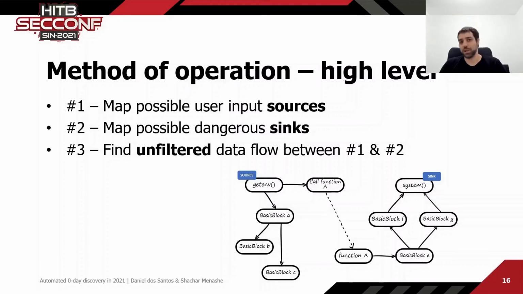For example, you can see in this diagram a source that is getenv, which for our intents and purposes we consider user input because it's usually untrusted. The source reads some data into a variable, and then there's a data flow from the getenv through some functions, basic blocks, etc., and it gets to the system sink.